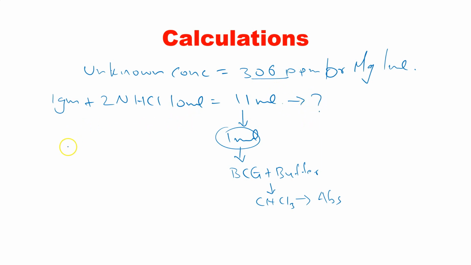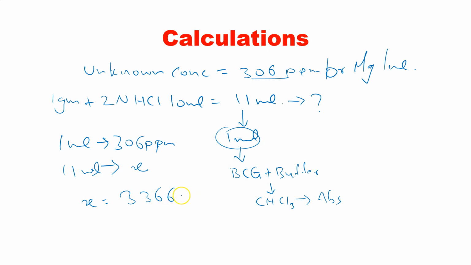So for that purpose, see, 1 ml gives 306 ppm value. Then 11 ml, what should it give? So calculate this x. The value of x will be almost 3366.